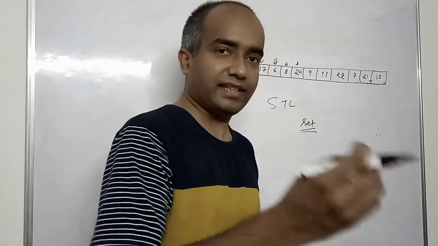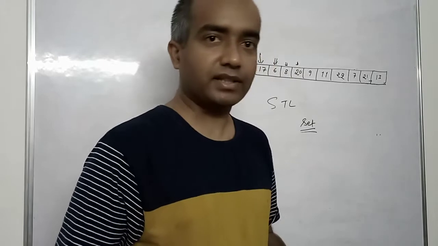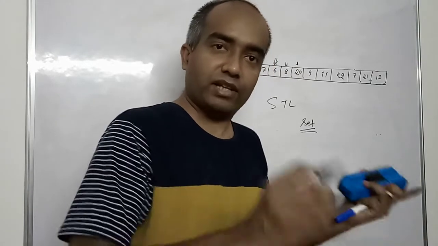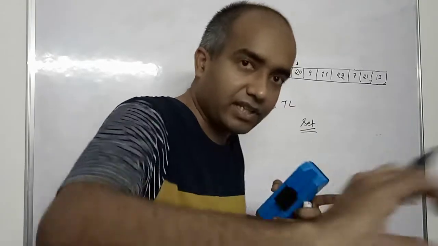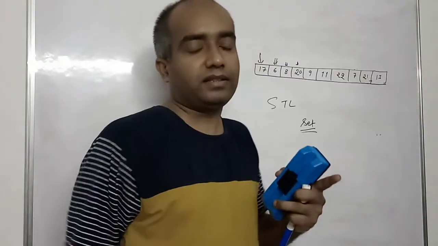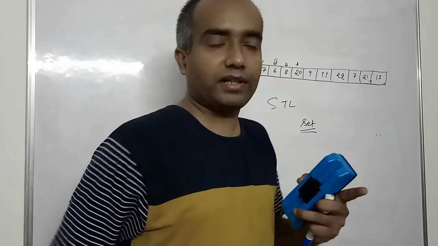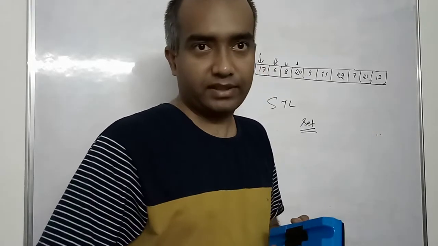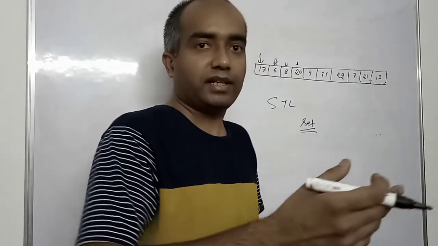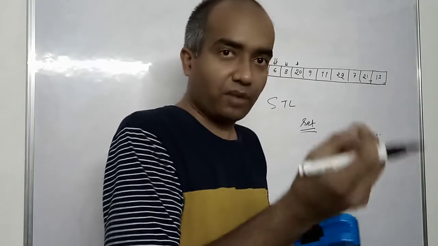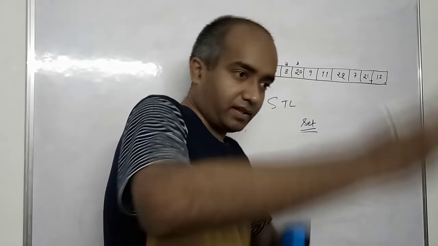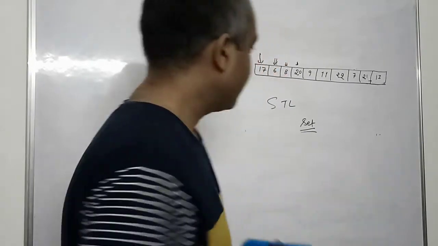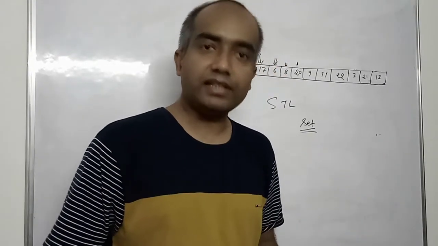Using the insert function, you can insert a particular element in the set, and whenever you insert an element in the set, those elements are arranged in ascending order, right? By default ascending order. There is an option to arrange it in ascending or descending order, but by default it arranges everything in ascending order.